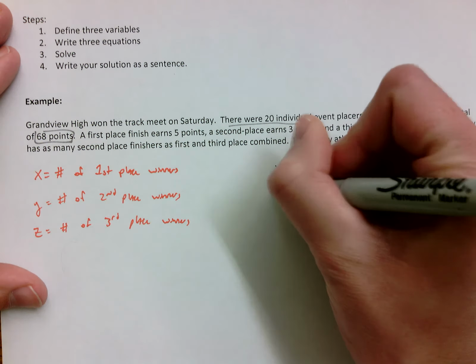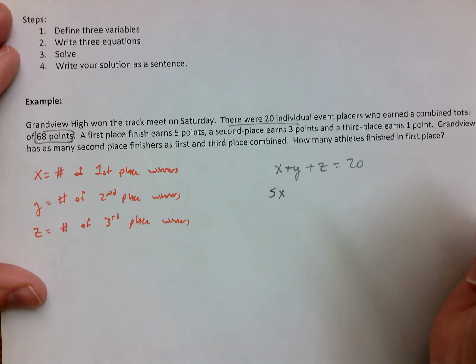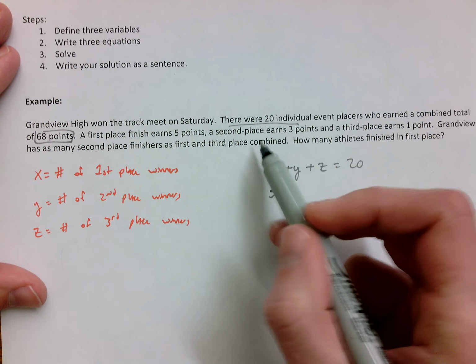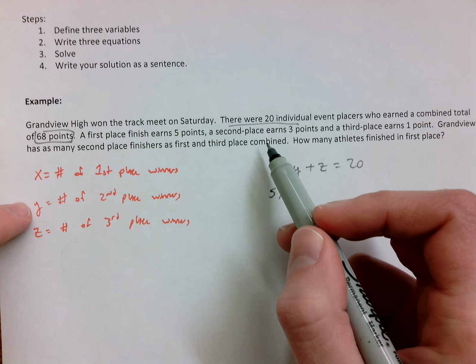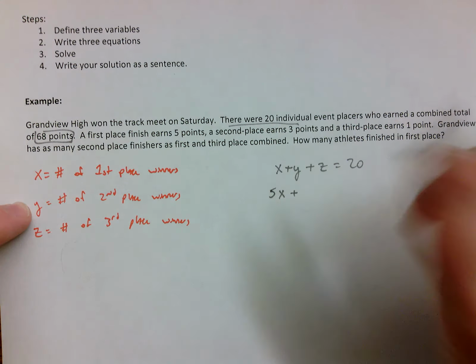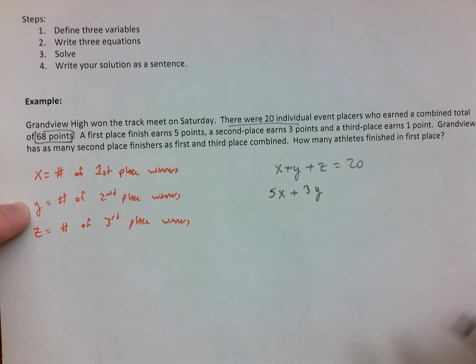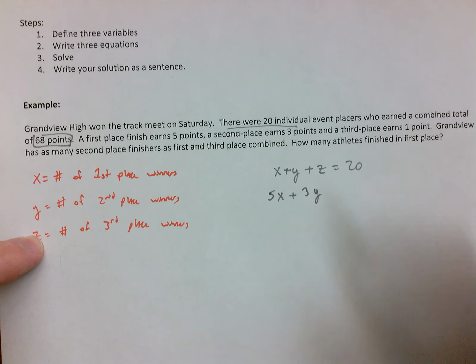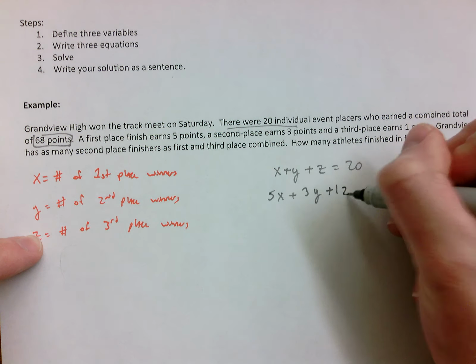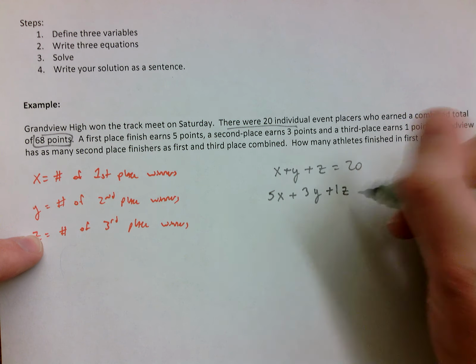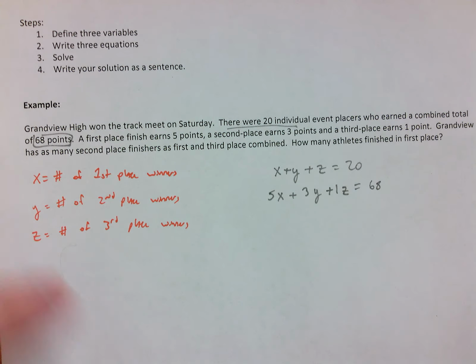So 5 times the number of first place winners, 5x. We want to add to that every second place winner, that's Y, got 3 points. So we're adding 3 points for each Y. And then every third place winner got 1 point. So we are adding 1 point for each third place winner. Okay, and that worked out to a total of 68 points: 5x + 3y + z = 68.